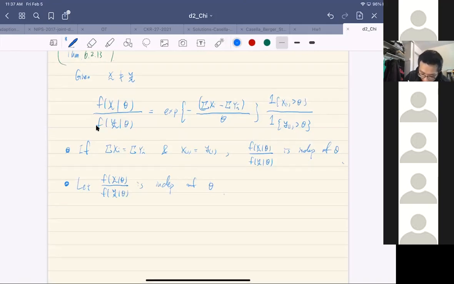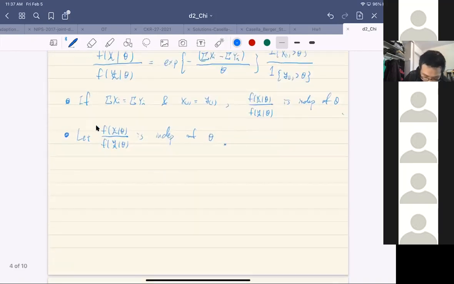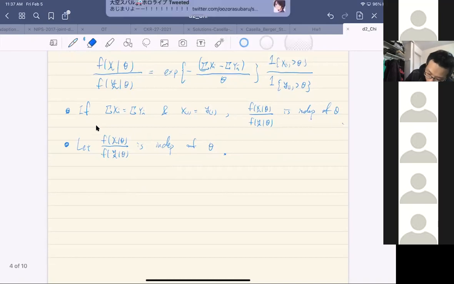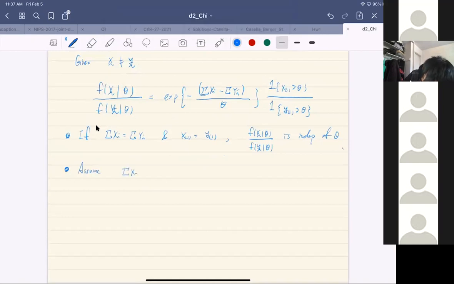But this one is much harder, so we can do it like this. We can assume it's not equal to this. Then you can think that the function obviously depends on theta.